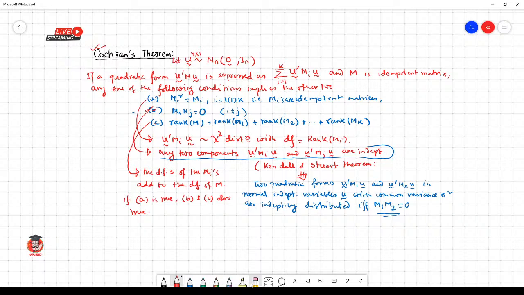So for example, mainly we use this theorem to prove the result of ANOVA.